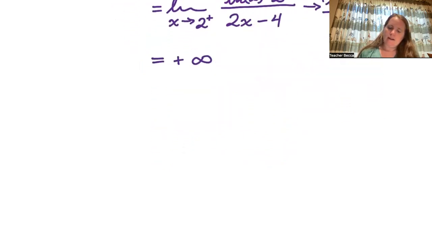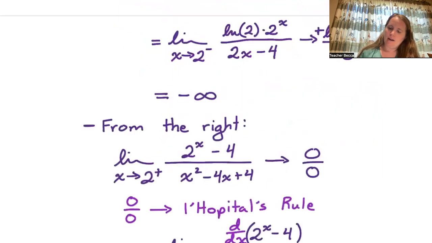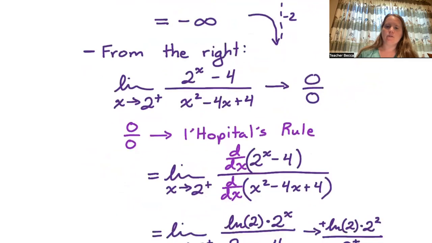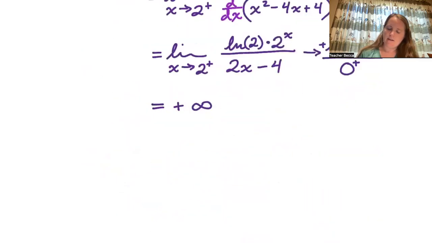So this is our behavior at the discontinuity. Essentially, at x equals 2, coming from the left, we are going off to negative infinity, and coming from the right, we are going off to positive infinity.